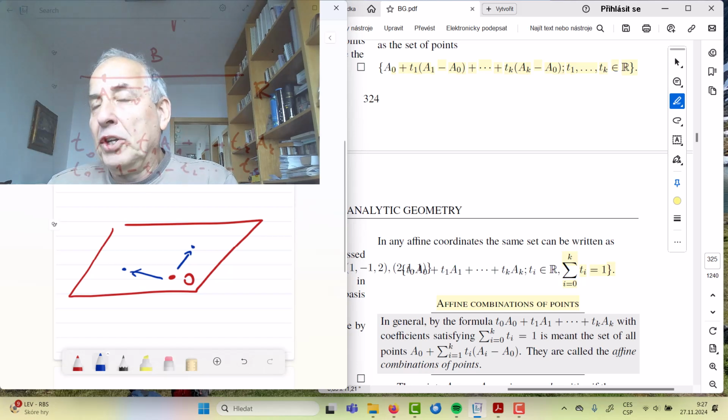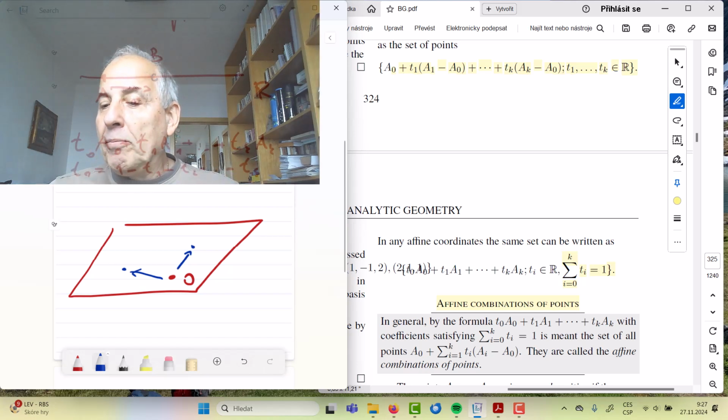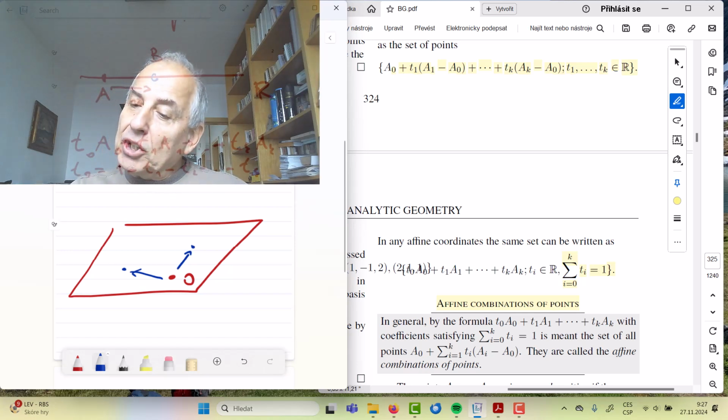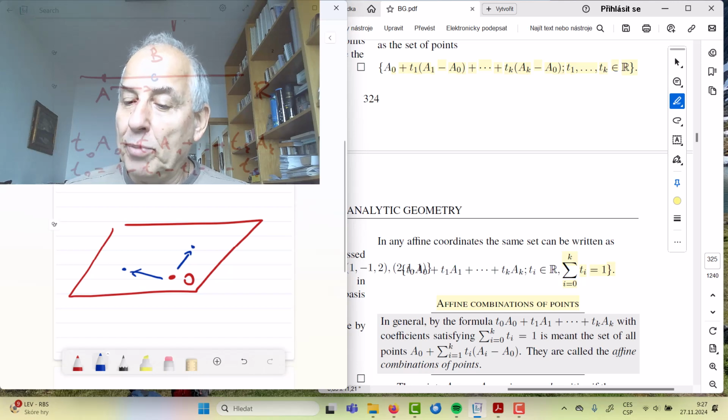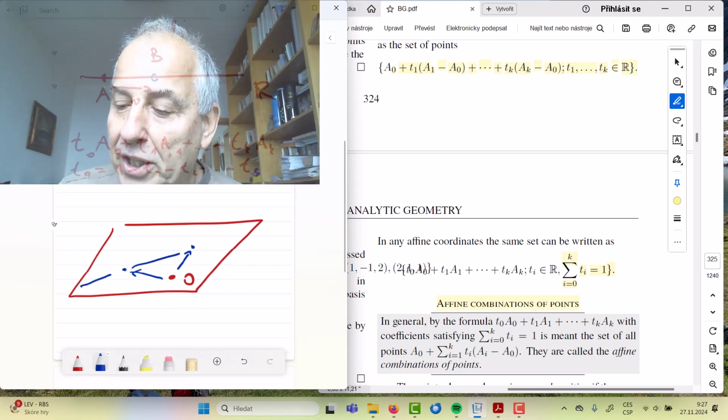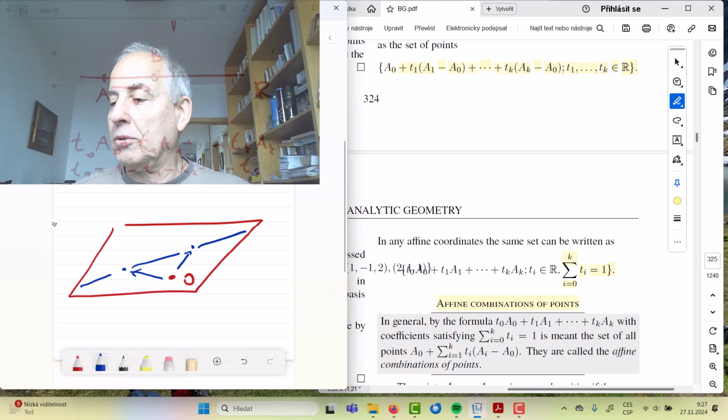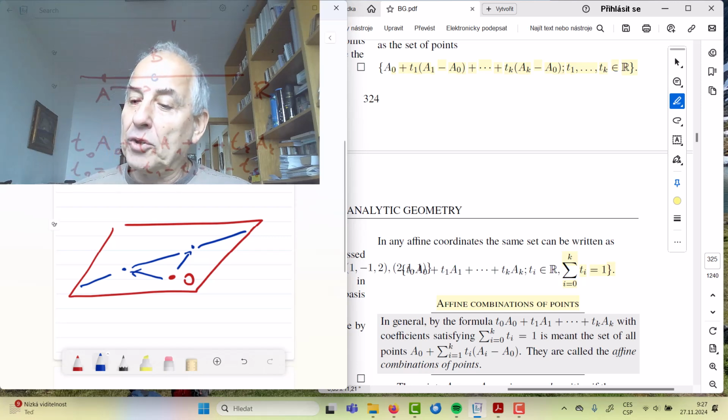So I definitely could get all of the plane by taking all the linear combinations. But if I restrict the sum of the coefficients to be 1, it draws exactly the line we expect, right? So if one of them was 0, then the other one must be 1. That's the 2 points. And all the others are just affine combinations.